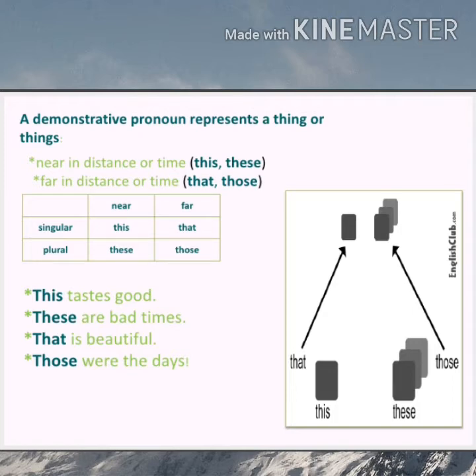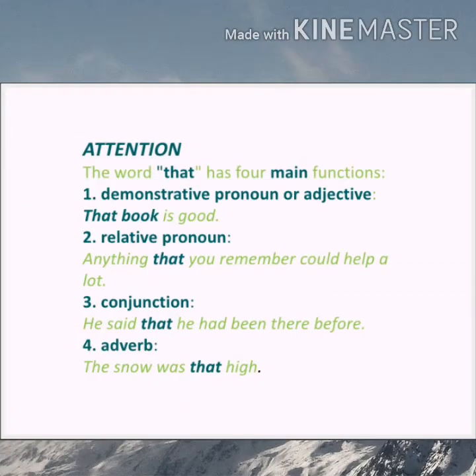Here, some demonstrative adjectives are given, where this and these are used for near, and that and those are used for far. For example, this tastes good. These are bad times. That is beautiful. Those were the days. Let's see some more examples.